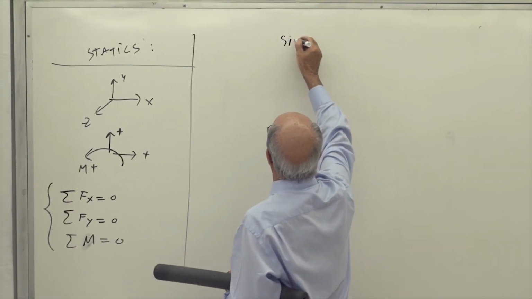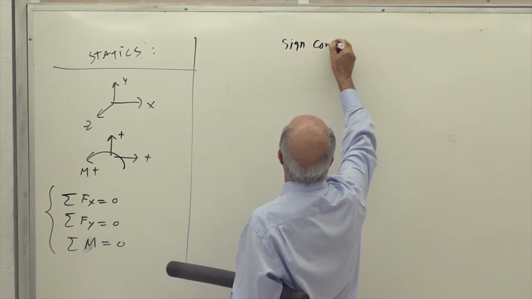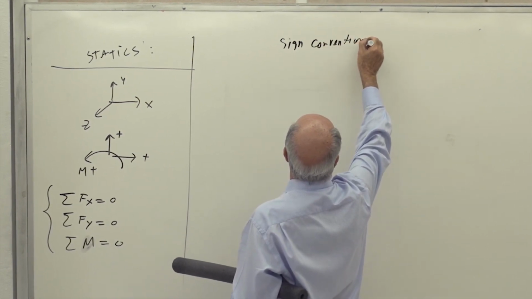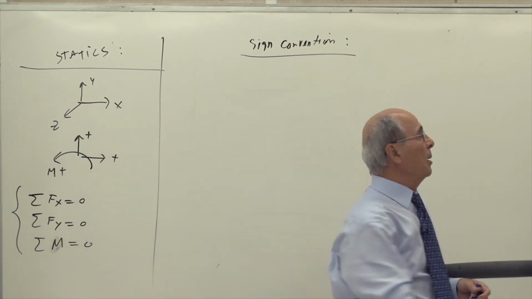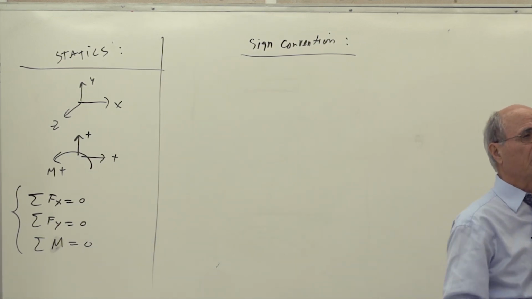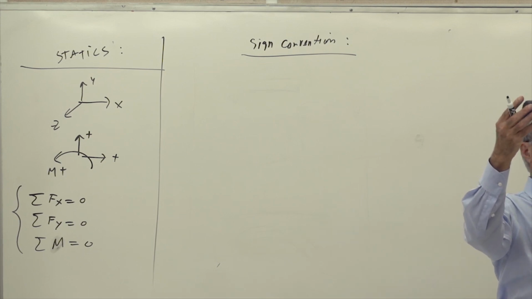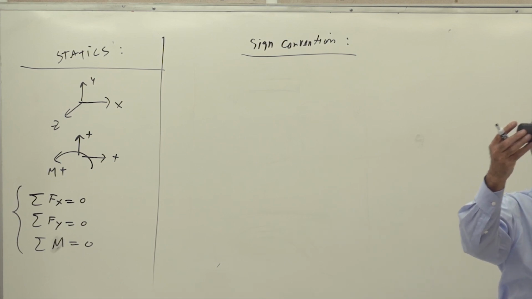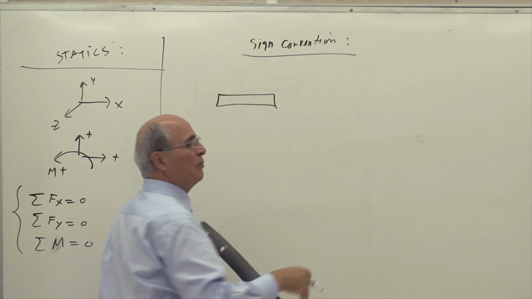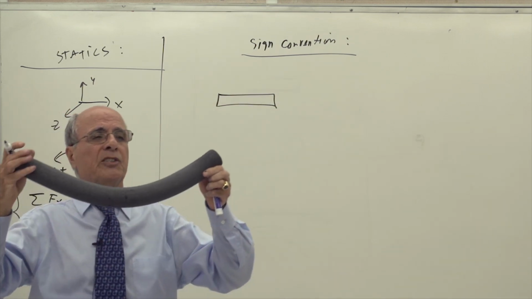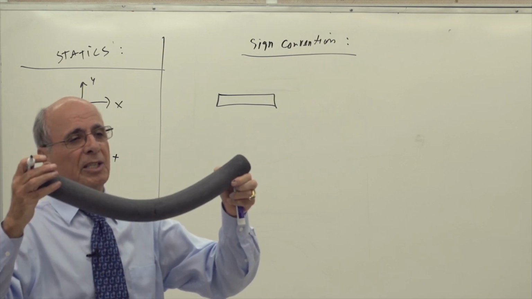These are sign conventions, write it down. For the shear and moment diagram, which is different from here, it is something like this. Here you have a piece of beam. Right now, this is not deformed. Yes or no? If the beam looks like this before deformation, and ends up like that, this is now the new shape you have.